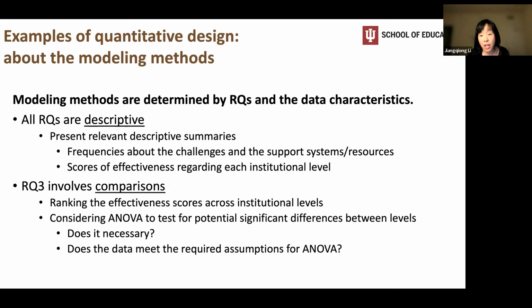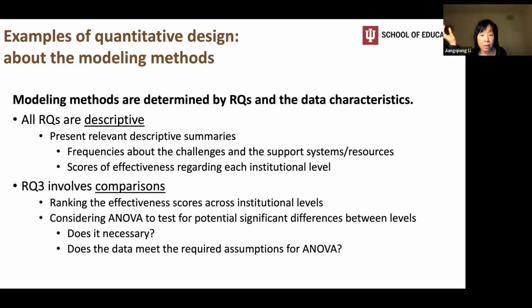For example, for the challenges and support systems, you may want to record the frequencies, which are the most identified types of challenges and support systems, right? And for the effectiveness measures, because we chose a Likert scale measure in our example data, you want to report both the individual scores and the overall score for the sample.